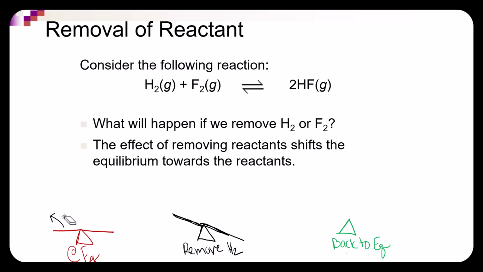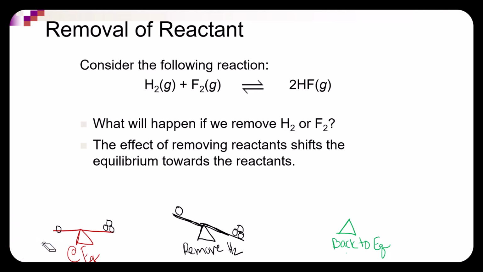So if I were to animate this over here, let's say at equilibrium, we had 3 stones on each side. And in the act of removing reactants, I removed 2 of the stones. This side is going to be lighter, and this side is going to be heavier. Okay? So the act of removing the reactant causes the product to feel heavy.